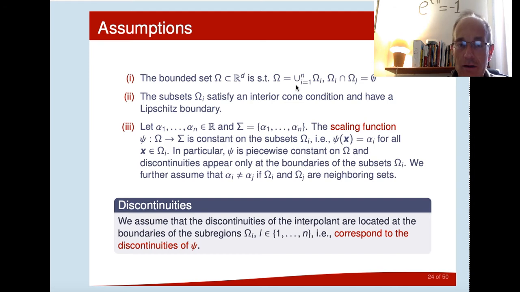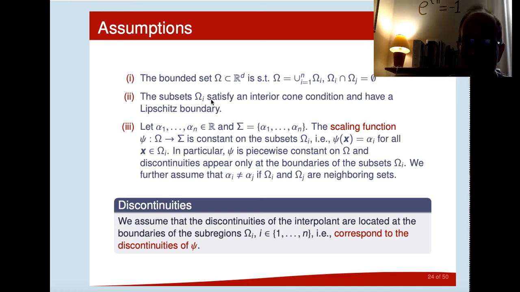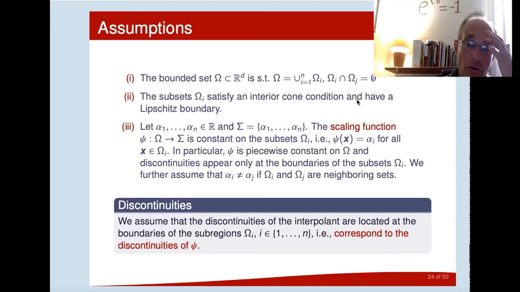So we cover our domain omega with these coverings made by these sets which are disjoint. Then we assume the usual smoothness assumption that the omega j satisfy an interior cone condition and have a Lipschitz boundary, but this is typical for everything that has to work. In the RBF setting, you will see many theorems that have this assumption.